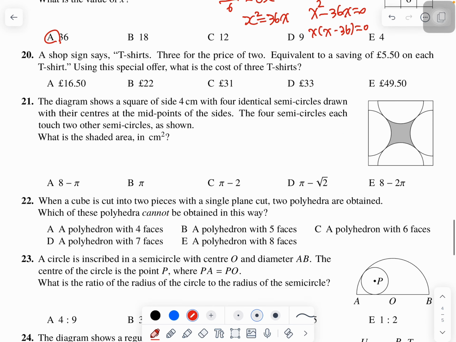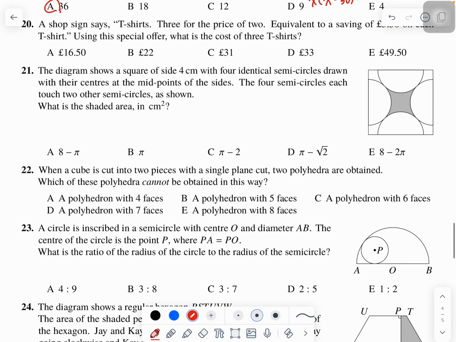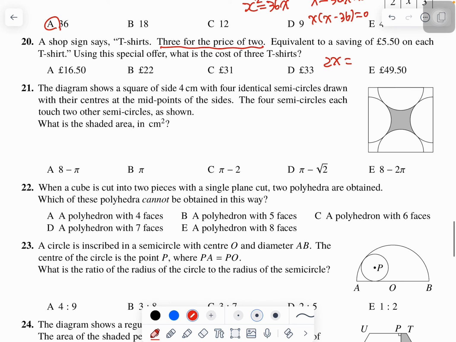A shop sign says t-shirts 3 for the price of 2. Let's say the price of the t-shirt is X, then we need to pay 2X. Equivalent to the saving of 5.5 on each t-shirt. So X minus 5.5. But anyway, I get 3 t-shirts, so this is a 3.